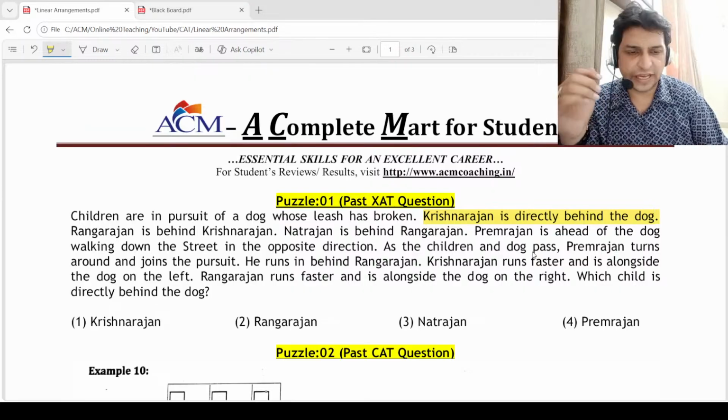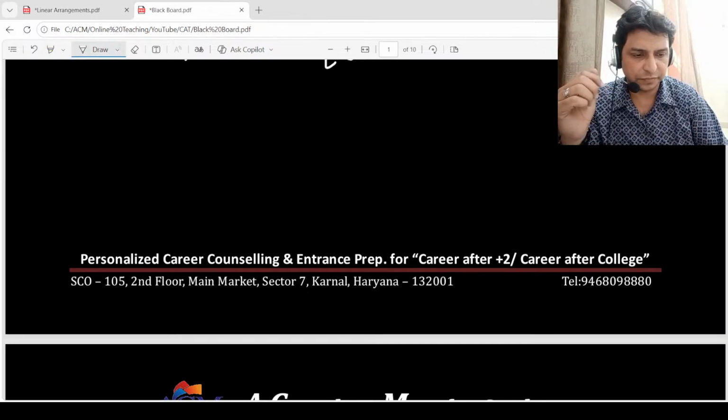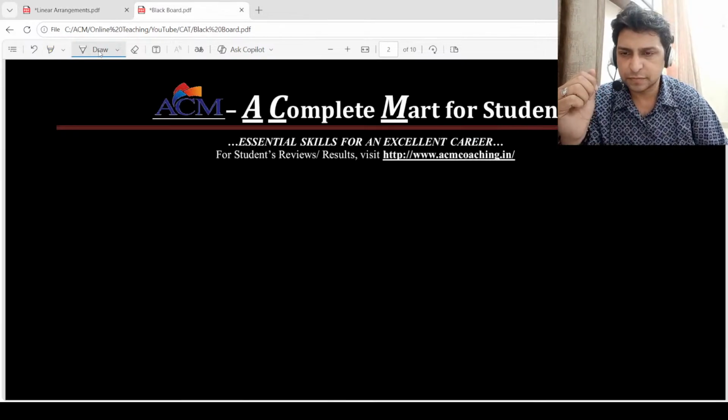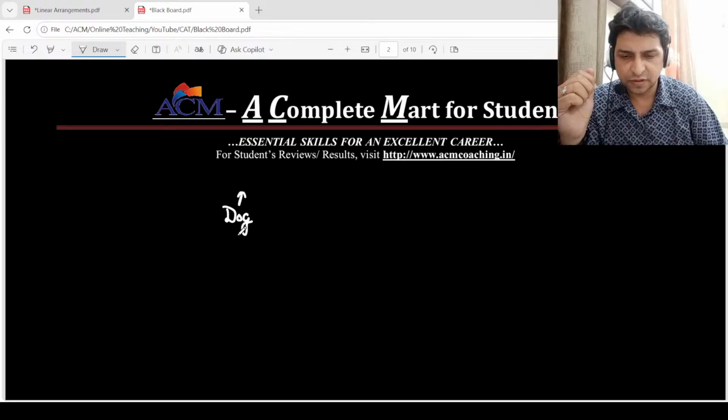So we have a boy by the name of Krishna Rajan. Let's say here is the dog and he's running in this direction, and there is a boy by the name of Krishna Rajan who is just behind the dog.